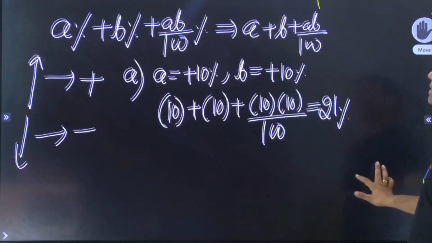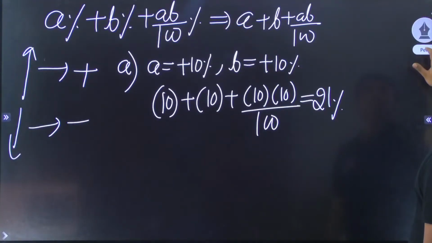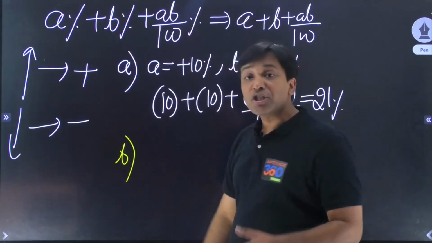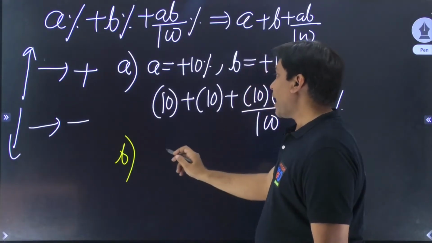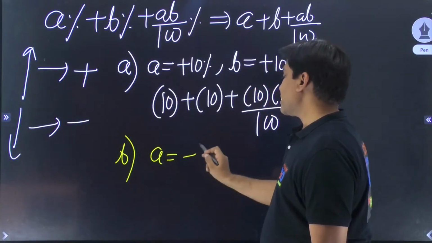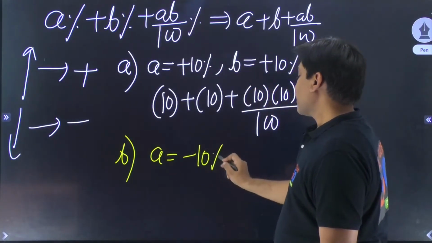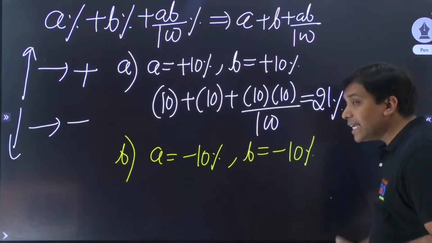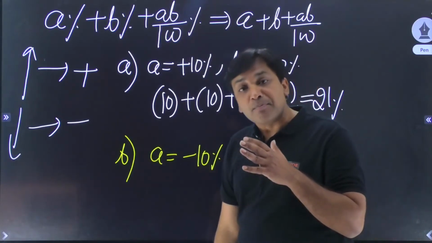Similarly in the second scenario, since the population is decreasing by 10%, A is going to be minus 10% and B is also going to be minus 10%. When the population decreased, we have to take it as minus.